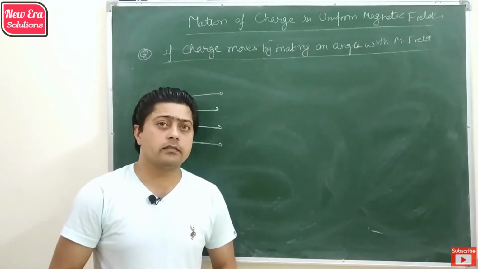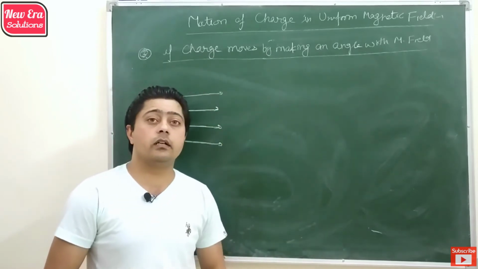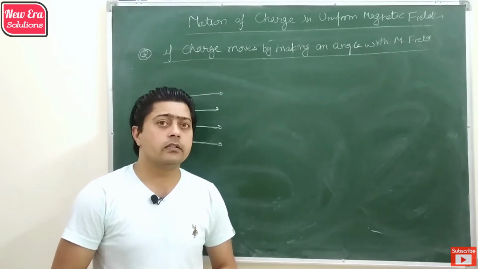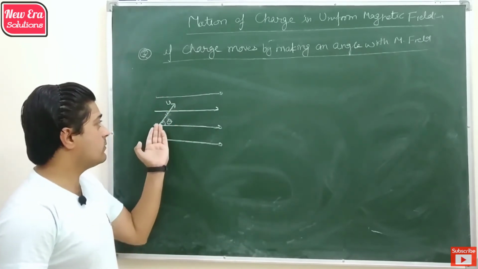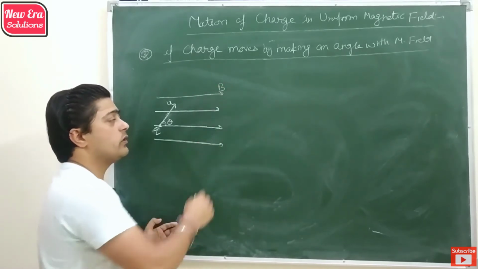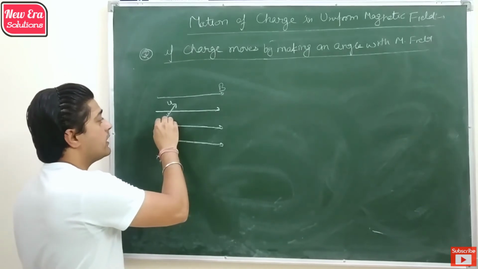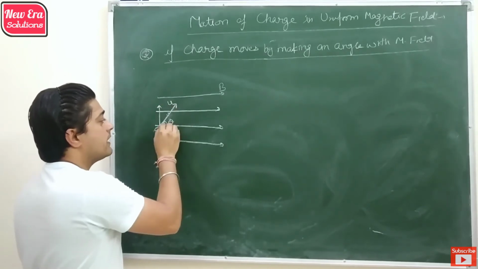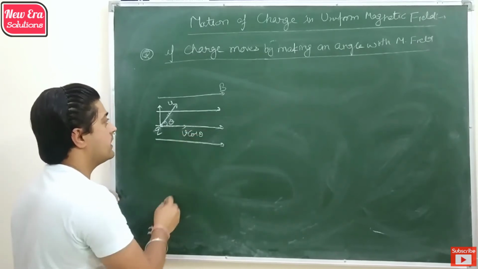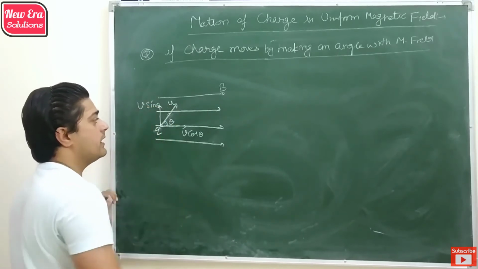Now let's discuss the motion of a charged particle when it makes an arbitrary angle with the magnetic field other than 0 or 90 degrees. So we have a charge moving with velocity v making an angle theta with the uniform magnetic field B. Then we have two components of velocity: along the magnetic field, which is v cos theta, and perpendicular to the magnetic field, which is v sin theta.